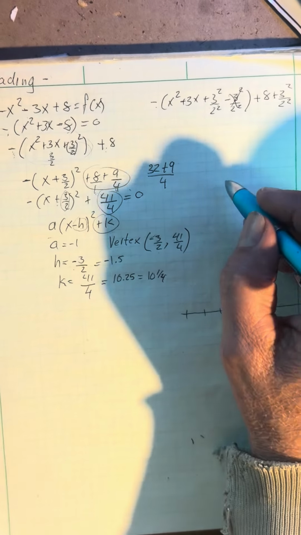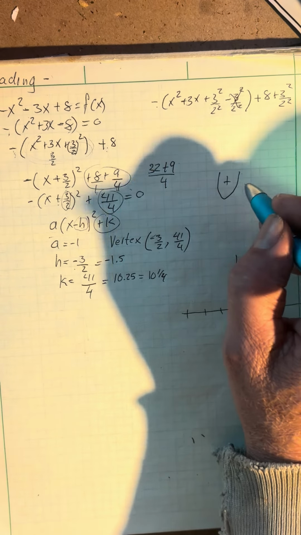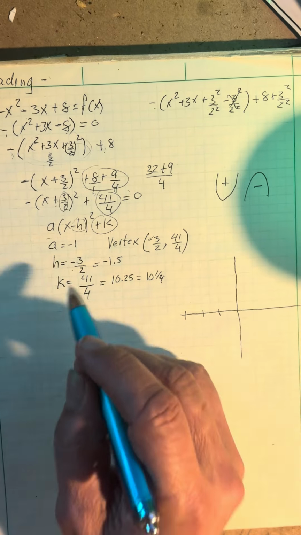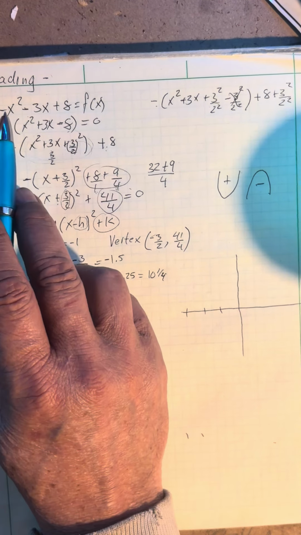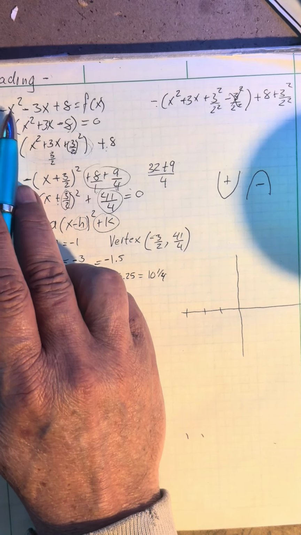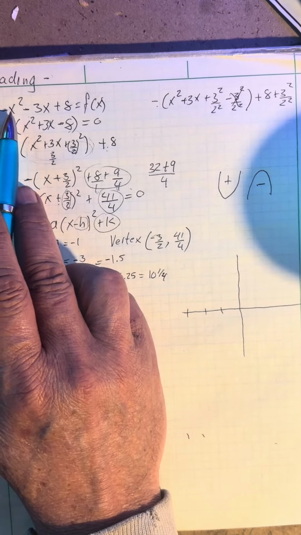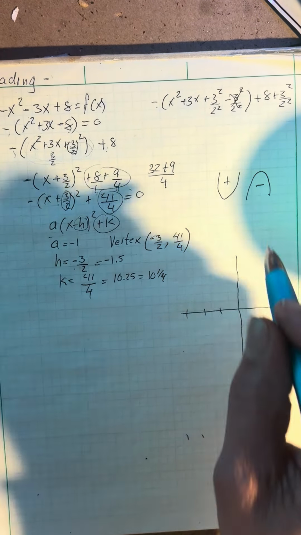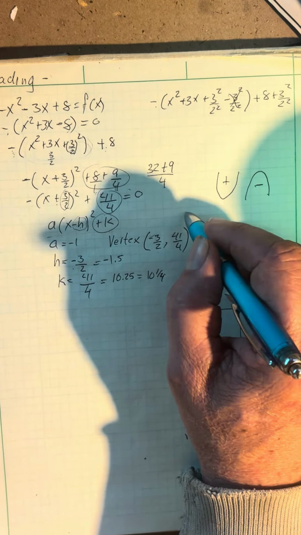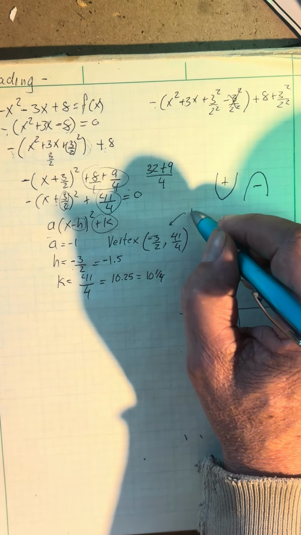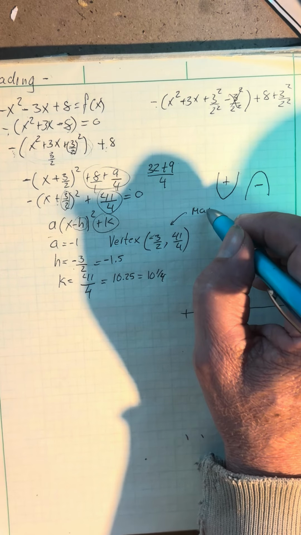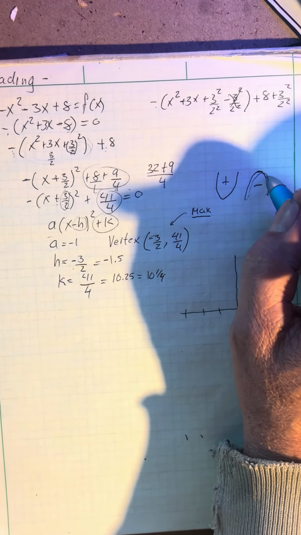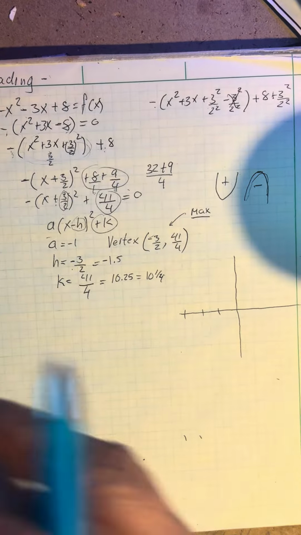That means that, first of all, we have a parabola. Remember, this parabola is positive and this parabola is negative. Because the leading coefficient, the x squared coefficient, is negative, this vertex is a maximum, not a minimum. It happens on top because this parabola opens downwards.